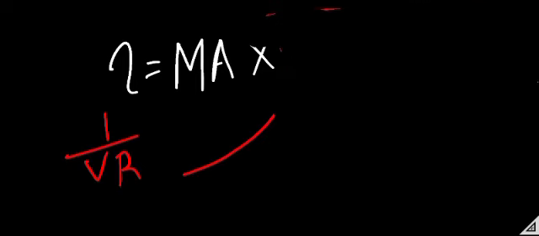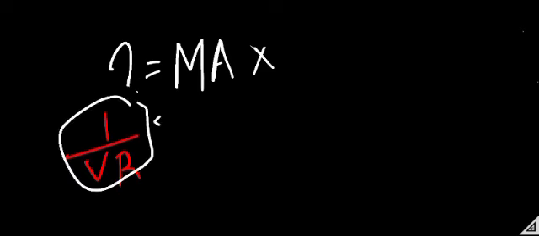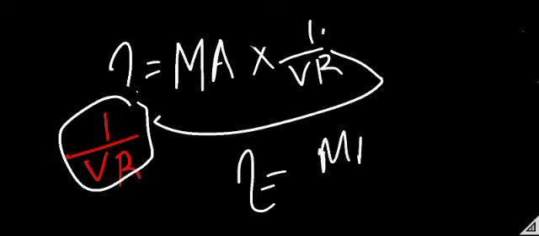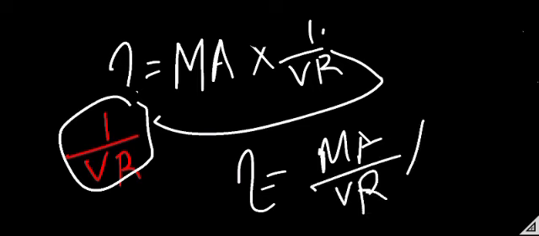So I can clean up this side, but make sure you still remember that formula, jot it down. I'm trying to derive on that formula and replace this part with 1 over V.R. So efficiency will now be equal to MA times 1, which is the same thing as MA, then we have V.R. here times 100.